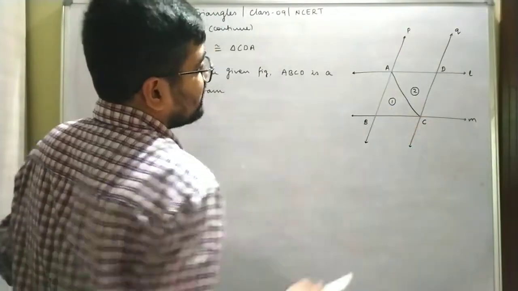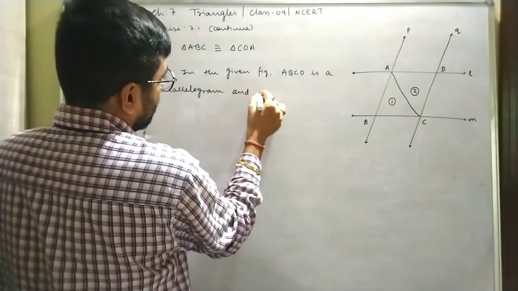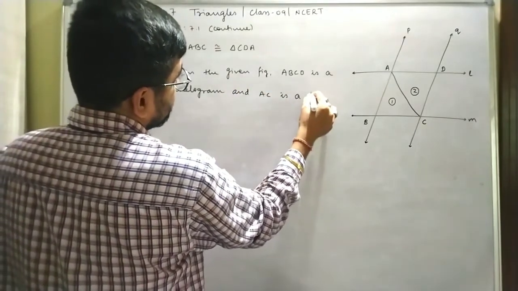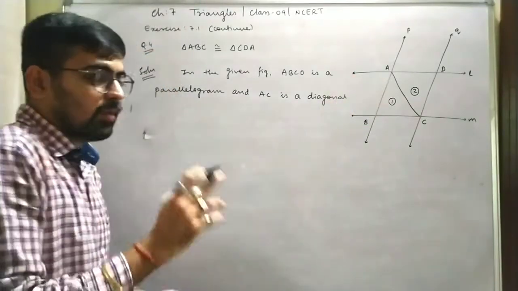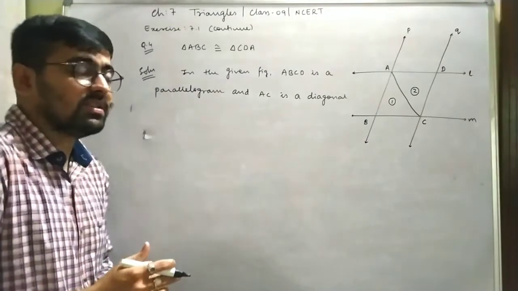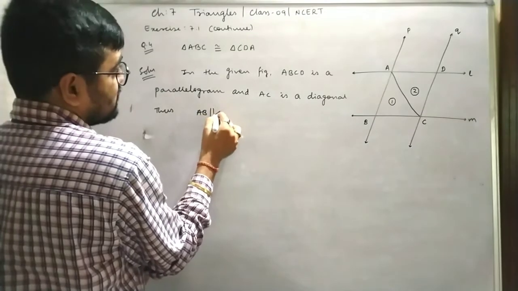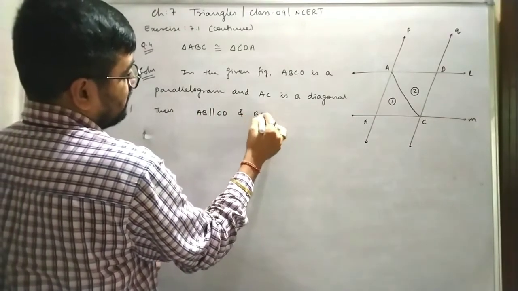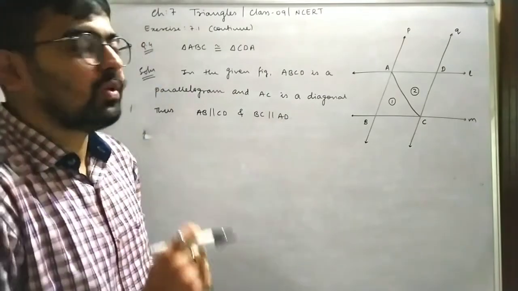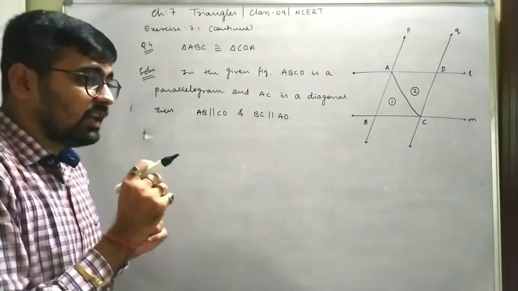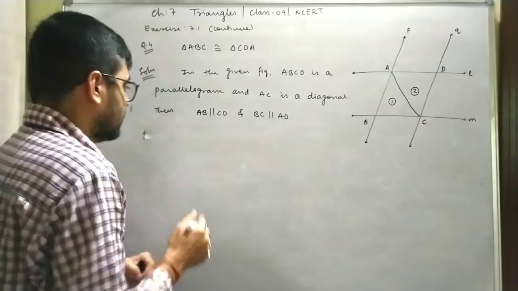So the figure ABCD that is generated becomes a parallelogram, and AC is a diagonal, which will also work as a transversal for us, but for the parallelogram AC is a diagonal. Thus we can say AB is parallel to CD and BC is parallel to AD. Now these two criteria are definitely going to help to get the required condition so that we can call these two triangles congruent triangles.